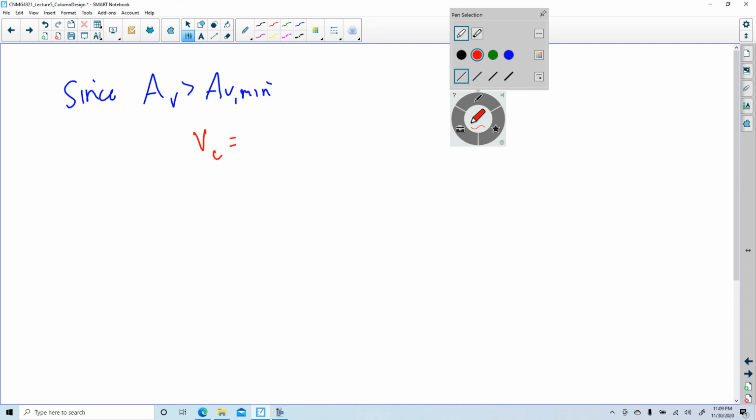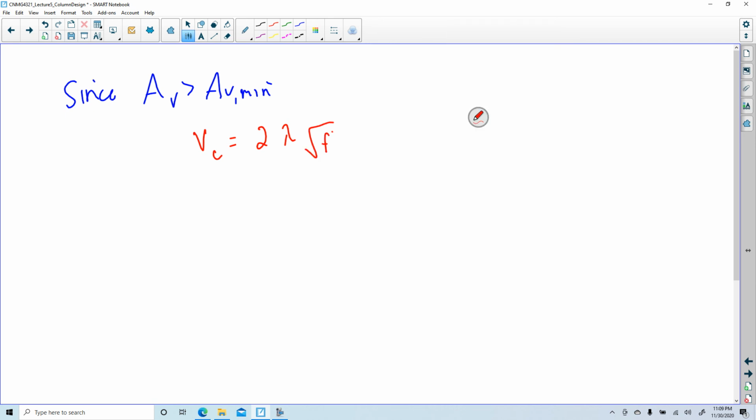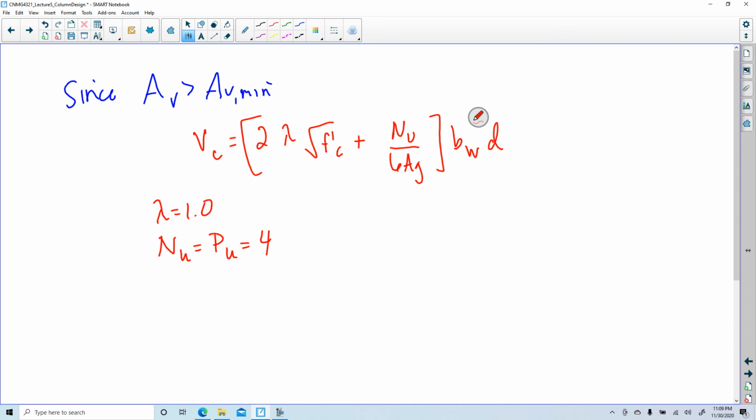VC is 2 lambda square root f'c plus Nu over 6 Ag, times bw d. So let's see. Lambda is 1. We have normal weight concrete. Nu is our Pu, 450 kips.